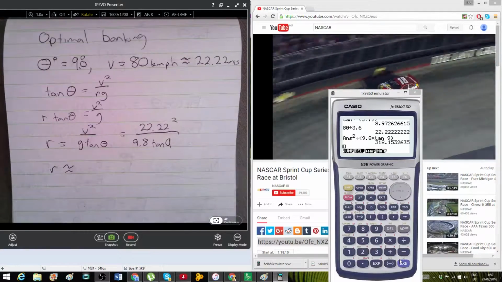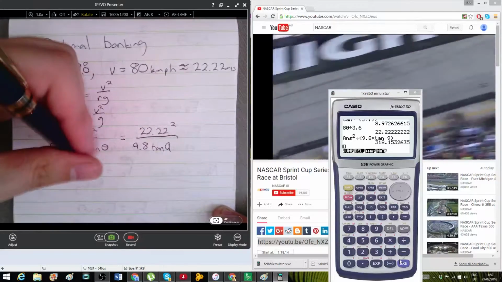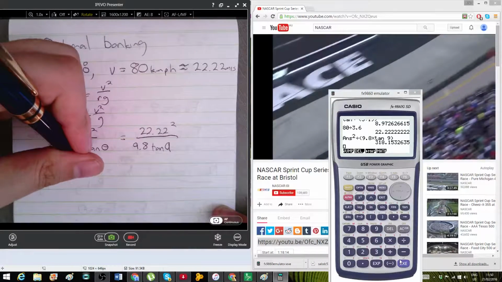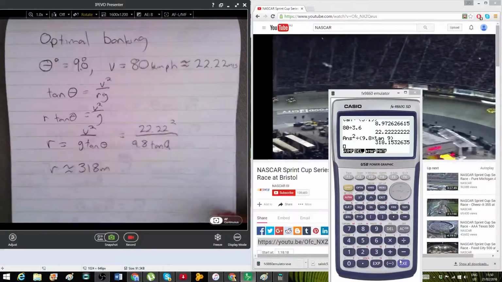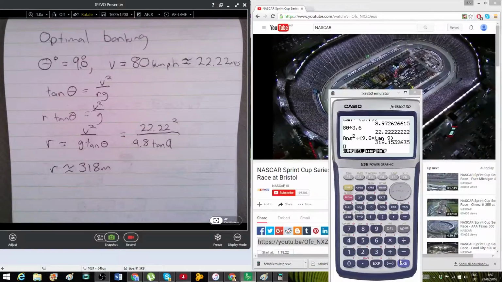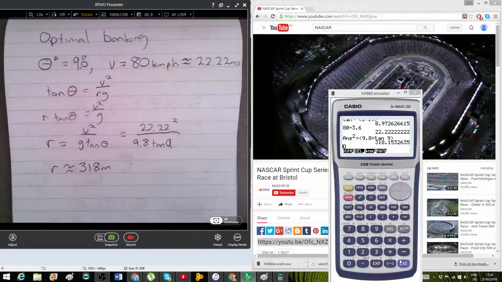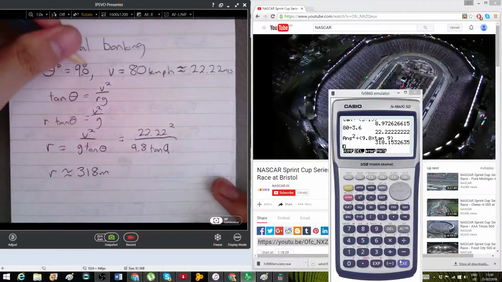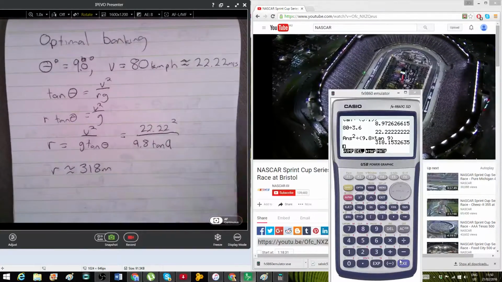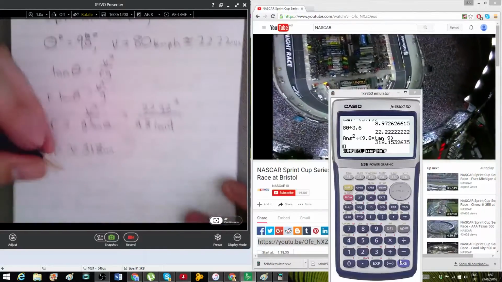To travel that fast, the radius of the track would have to be about 318 meters. You could round that to 320, and that would make it pretty safe. So that's a problem involving optimal banking. But let's take a non-optimal case.